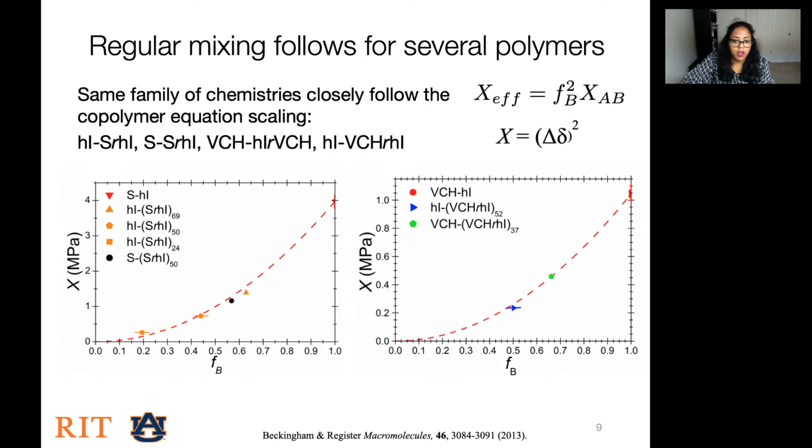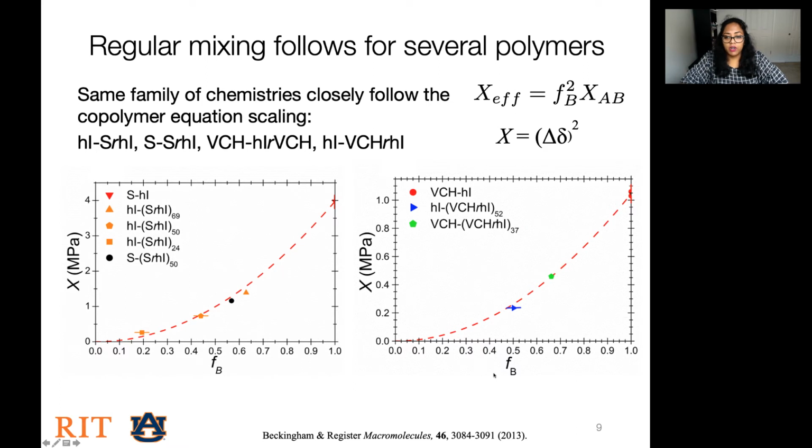If you plot all of this data, interaction energy density versus composition, it seems to follow a quadratic scaling. The study was done not just for styrene isoprene, but also their hydrogenated counterparts. So you have hydrogenated isoprene with styrene, and hydrogenated styrene is just vinyl cyclohexane.